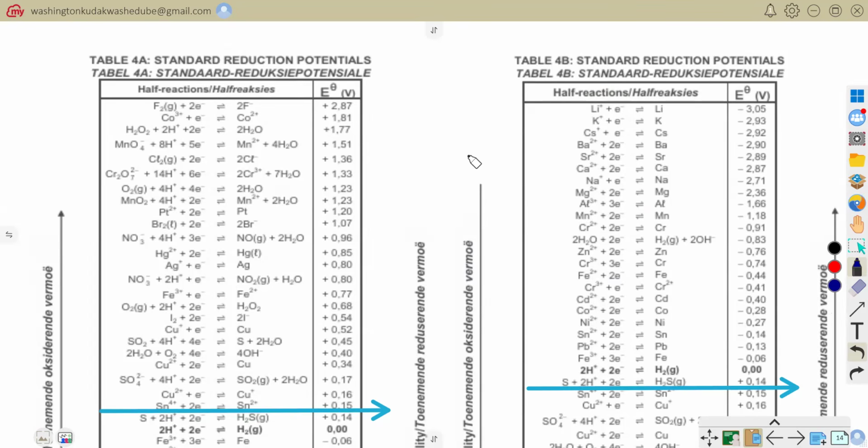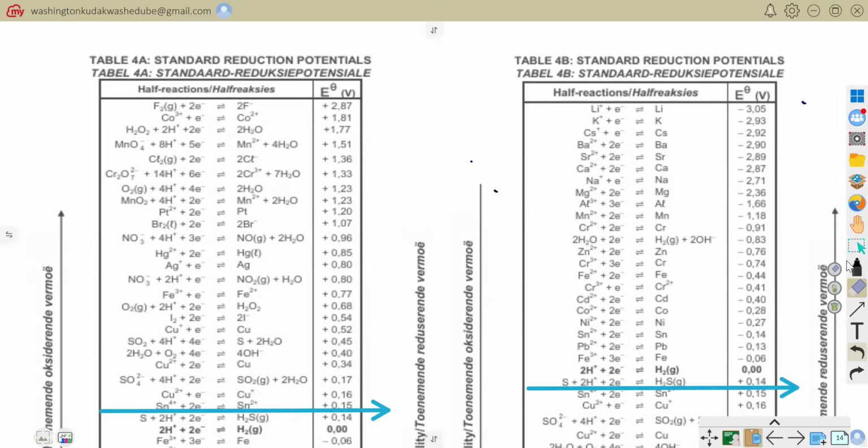Now you would see that table 4A and 4B are just the same. What do we mean by that? You would see that table 4A is written in terms of increasing oxidizing power.